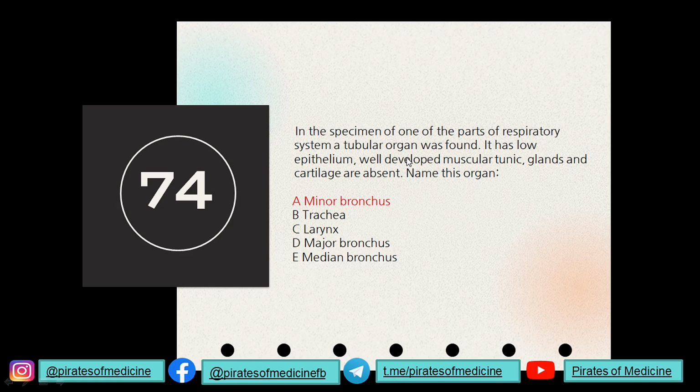And as you go upwards from the minor bronchi to the major bronchi to the trachea, the amount of cartilage and the amount of glands will increase. So the organ which will have low epithelium, a well-developed muscular tunic, and glands and cartilage absent is the minor bronchus.